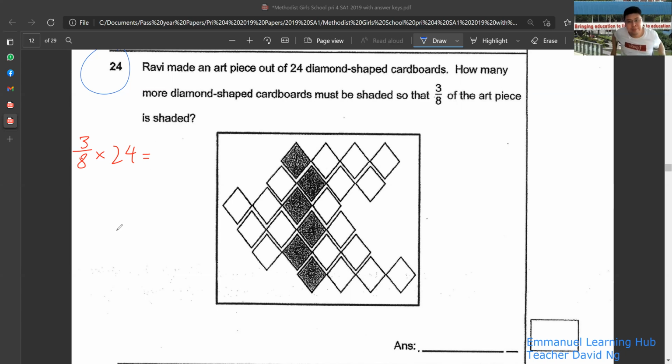3/8 times 24. Equal to? Can you tell me, can I cancel anything? 8. 8 I can cancel, become? 1. 8 I cancel become 1. 24, can I cancel?